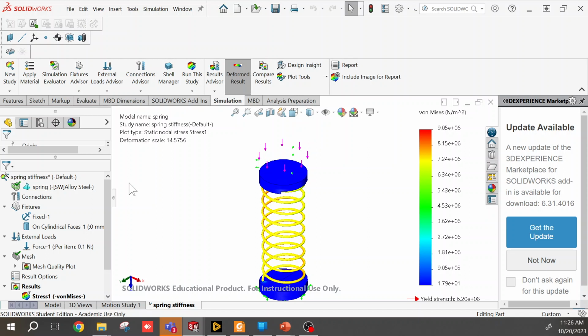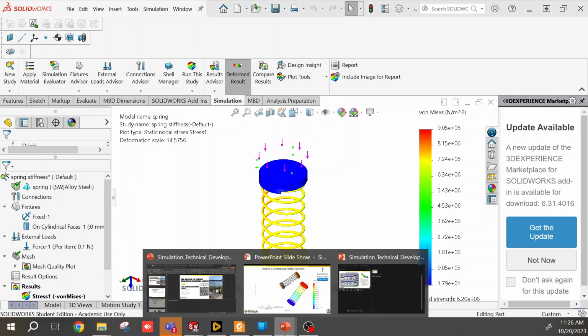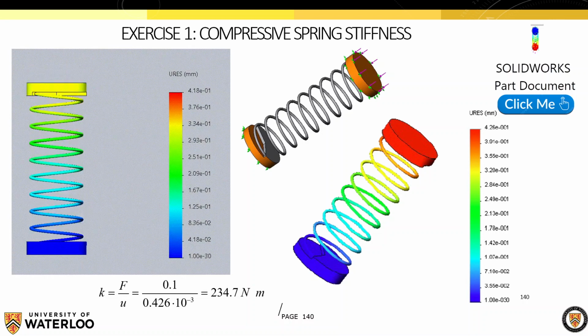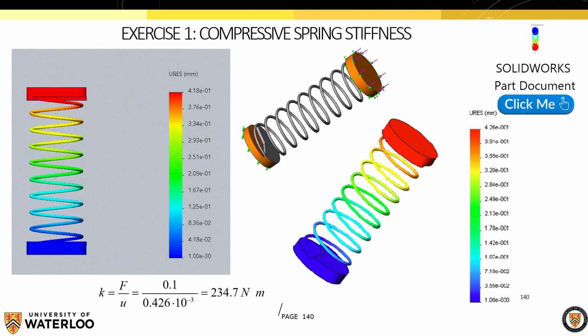Or maybe the cylindrical constraint that I put on it is not totally accurate, okay, but it depends on your tolerance of accuracy here. So that's kind of the first example here. And you can see the animation that you get when you export the AVI file.